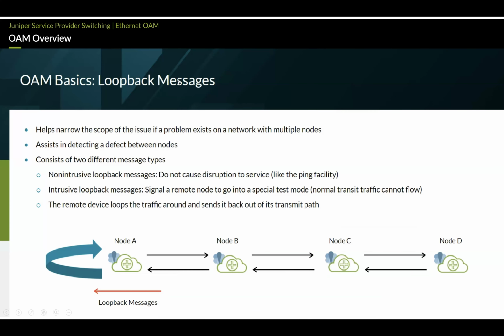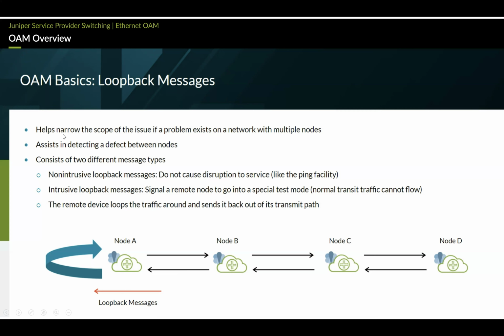So this is the indicator, and those messages are used in Ethernet OAM basics. Loopback message. You know the loopback is a logical interface. Sometimes we check loopback from one point to another, from one node to another node. The loopback message helps narrow the scope of an issue if a problem exists on a network with multiple nodes.